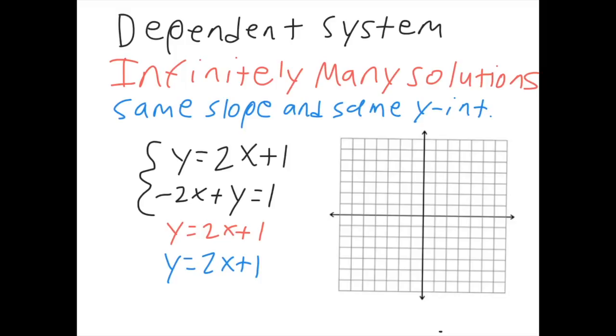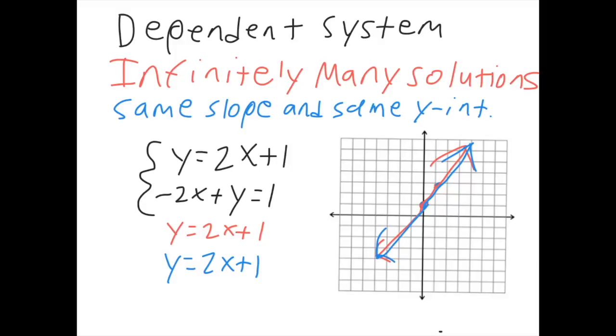So if we went to graph it, 1 for the y-intercept, up 2 over 1. Second line, 1 for the y-intercept, up 2 over 1. They intersect at both of those points, and actually they intersect at every point, as long as I could draw.